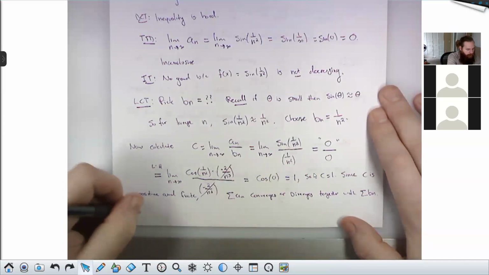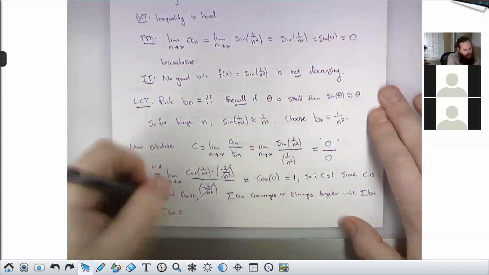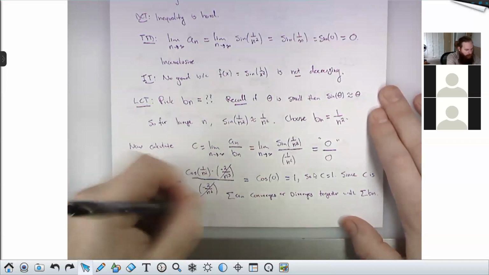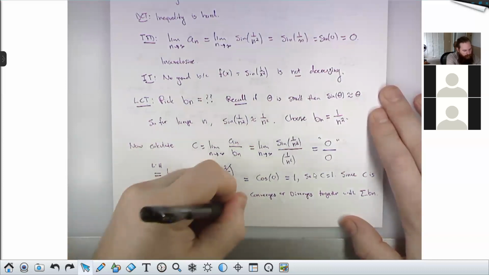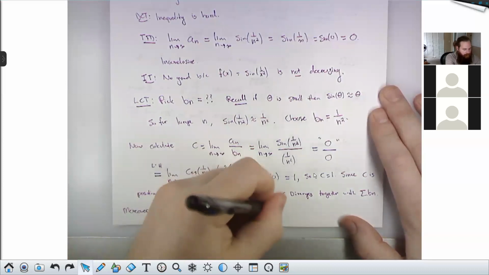Moreover, sigma bn, which is sigma n from 1 to infinity of 1 over n squared, is a convergent p-series.